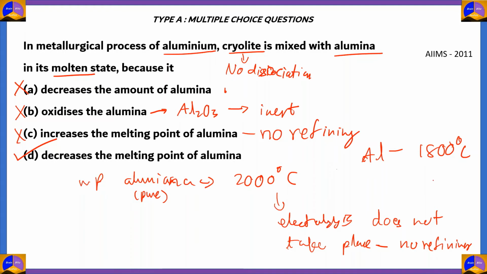And since in the metallurgical process we need to ensure that alumina is conductive, what we did is that we added cryolite and CaF2 to the mix so that the melting point of alumina decreases, which makes it electrolytically active. So option D, decreases the melting point of alumina, is the right option.